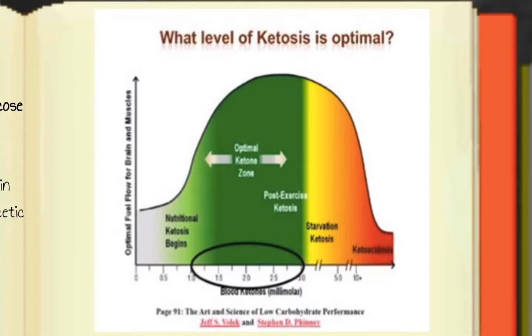It's probably not that appropriate to the diet. If you look at the optimal ketone zone, you're looking for a blood ketone level of around 2 millimolar. It's like comparing a light shower to a hurricane, with a 5 times factor between the two different levels of blood ketone.